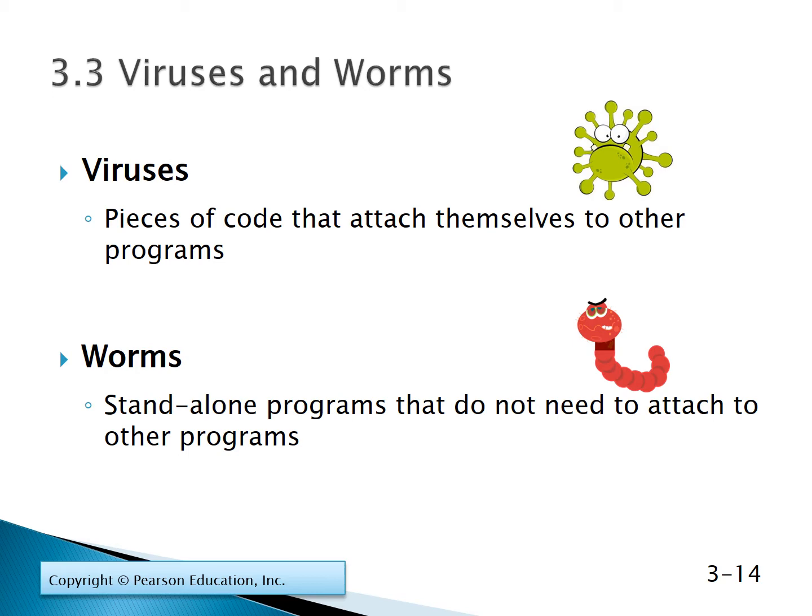But more specifically, usually viruses are used to refer to pieces of code that attach themselves to other programs. So they may not be a program on their own, but they attach to other programs. So that's a more specific definition. But as I said, usually people use it in a more general sense.